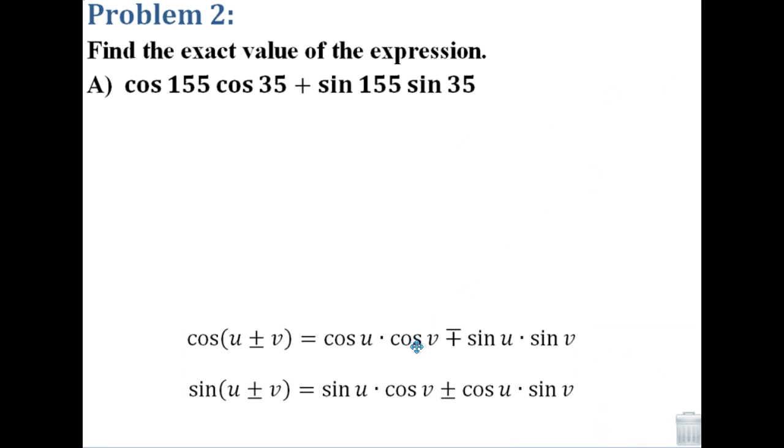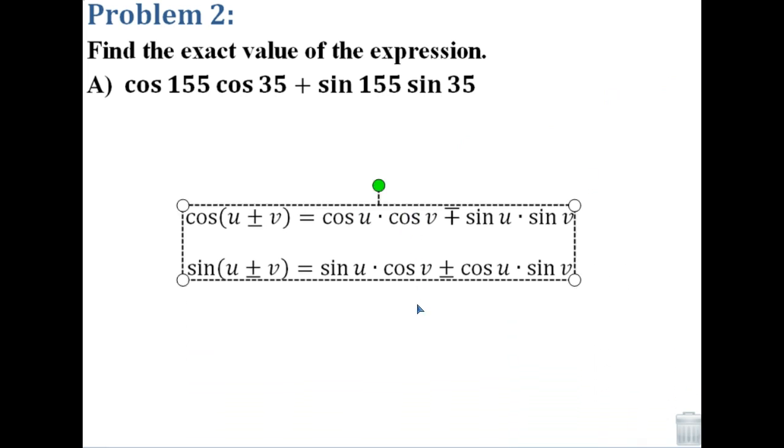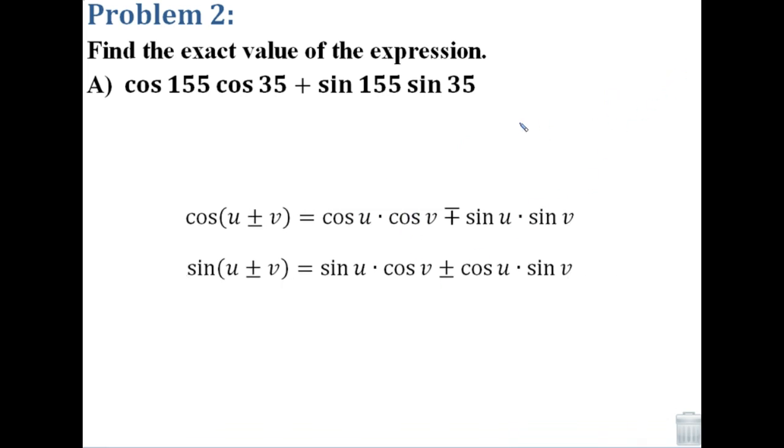But what I can do with this problem is use my sum or difference identities backwards to rearrange it into something that hopefully I can evaluate by hand. Now my setup here is cosine, cosine, sine, sine. So now I'm talking about the cosine identity. And since there's a plus in between, I'm going to flip that sign to a minus within the cosine ratio.